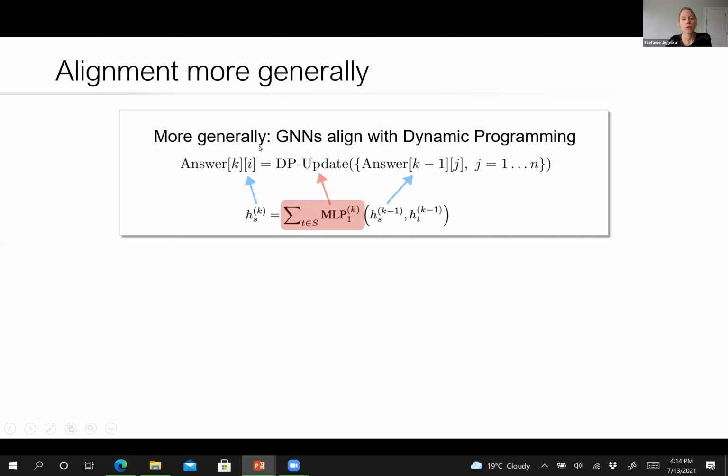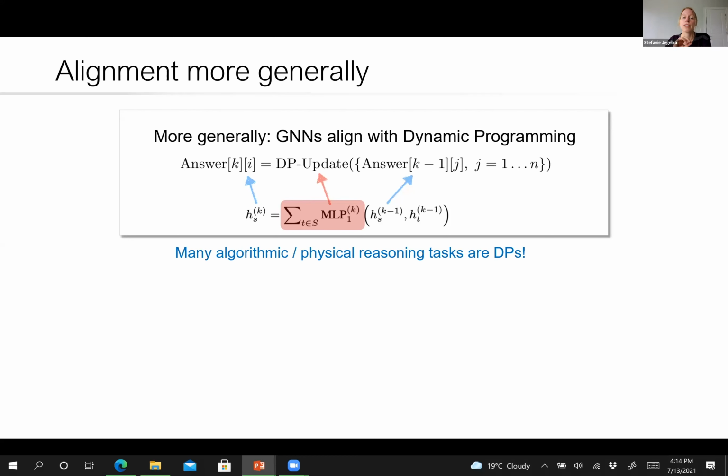Now you can implement this via your graph neural network by having a small feed-forward neural network, the sum over the small feed-forward networks, mimicking this dynamic programming update. And since this is in principle a universal approximator, it should be able to do this. But the key thing is that often these DP updates are not so complicated. Like in the shortest path, that's not a complicated function, this update.